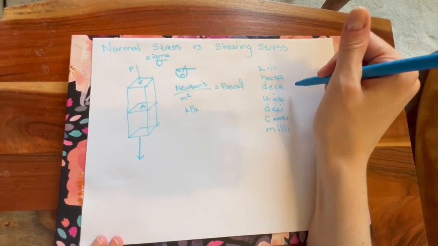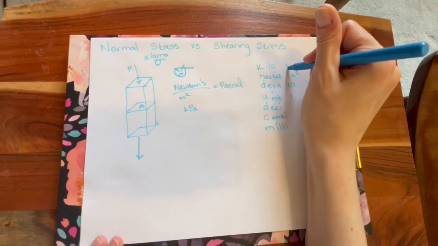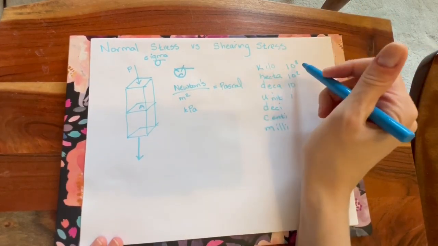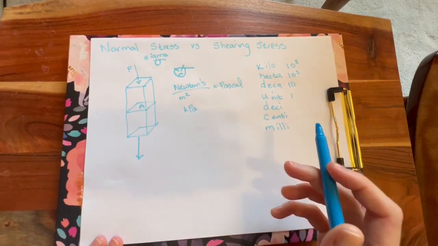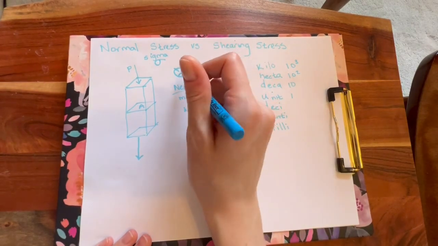So unit is 1, 10, 10 to the second, 10 to the third. So kilopascal is 10 to the third pascals. And so that is our first introduction: our angry little stressed out guy.